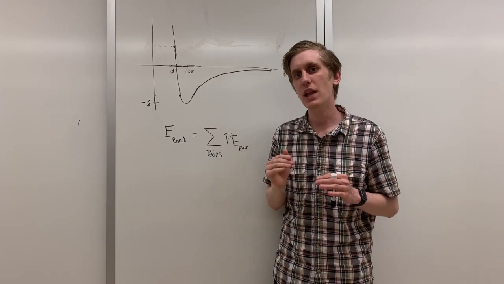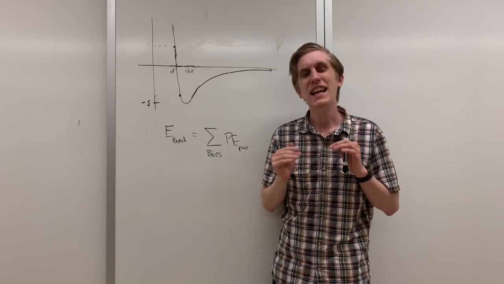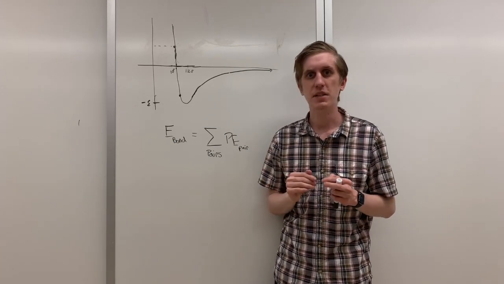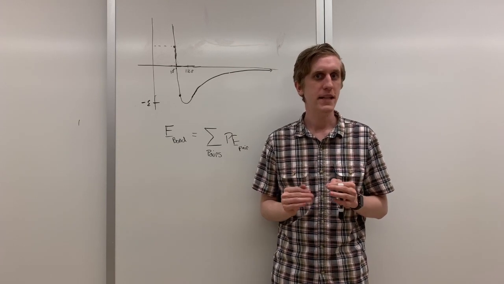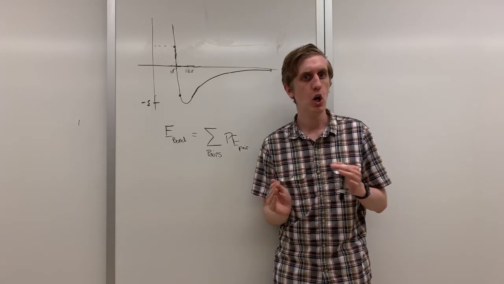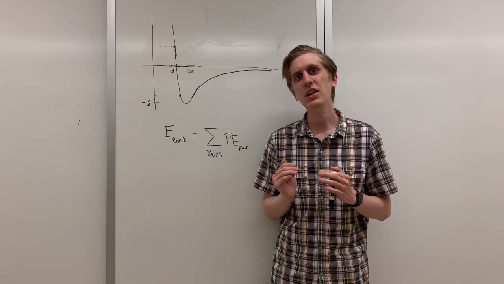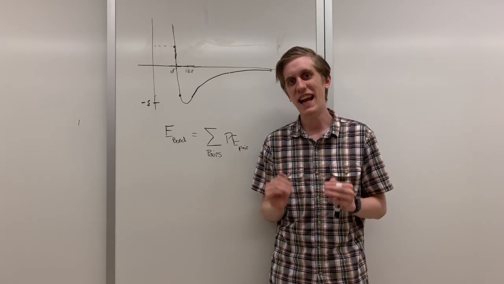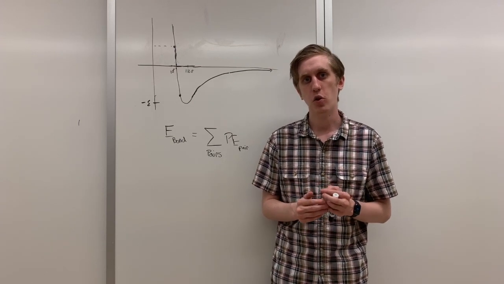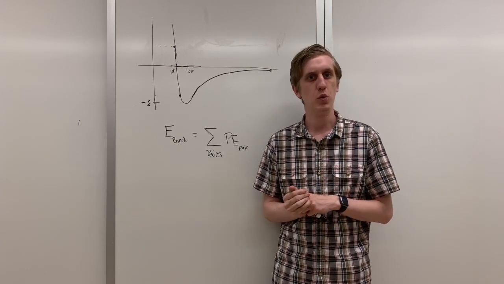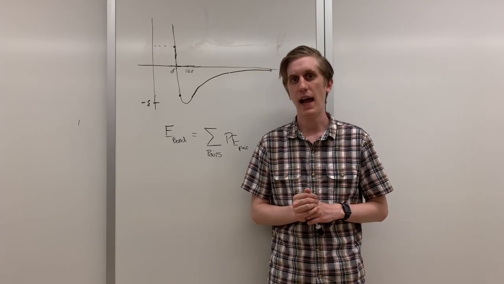Notice the potential energy of the next nearest neighbors is much, much less than the potential energy of the nearest neighbors. If you go even farther apart, the potential energy between atoms becomes almost 0. So it's a pretty good approximation to just take the nearest neighbor pairs into account when determining the total bond energy.